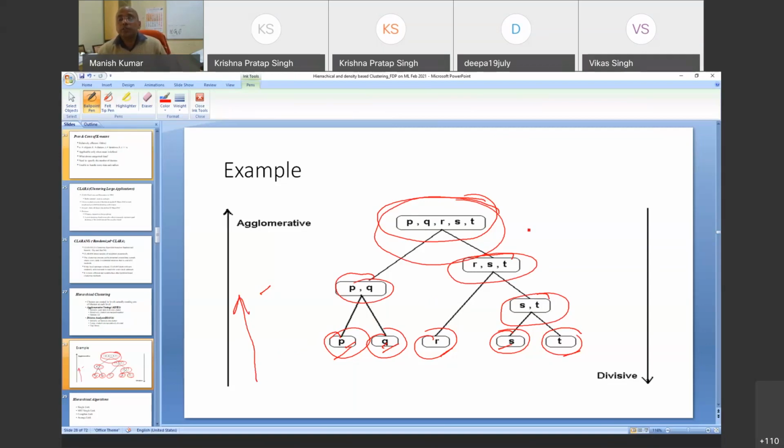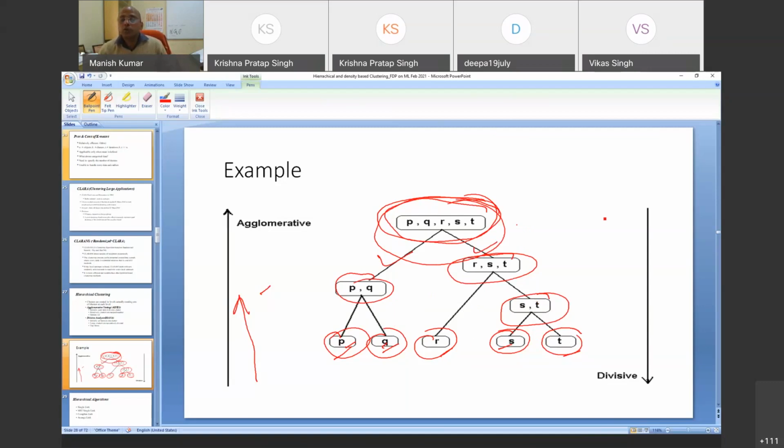Whereas in the other case, we can assume that all these points belong to one cluster itself, and depending upon the distance between these points, you can divide it. RST and PQ have a distance between them, so it can be divided further, partitioned in this way, and then further partitioned this way.